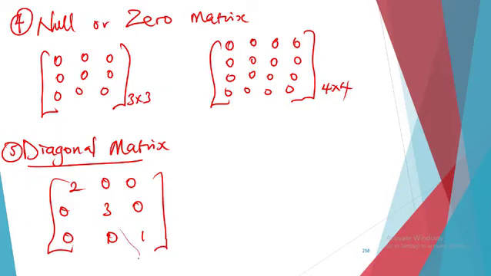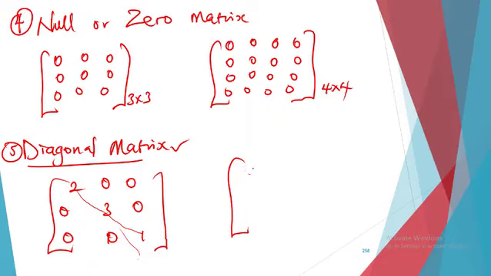Looking at this matrix, the diagonal here includes 1, 2, and 3. So every other thing apart from these ones that are on the diagonal are 0. We call this a diagonal matrix. For instance, we have a 2 by 2 matrix where we have 0.